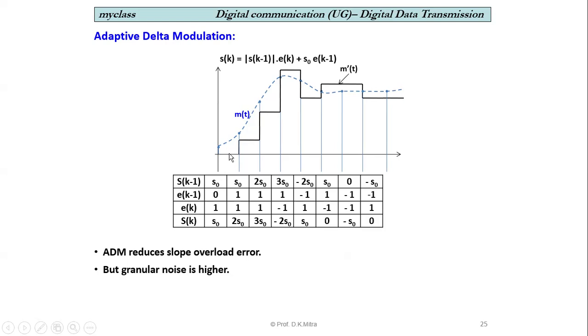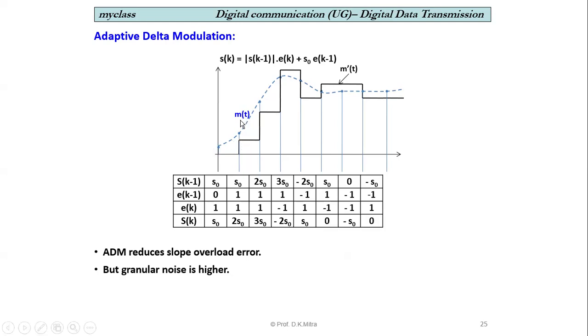So the system takes one step up, guessing, hoping that it will match the signal. But the system does not know, because the signal behaves in its own way.